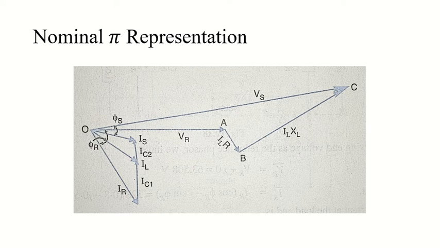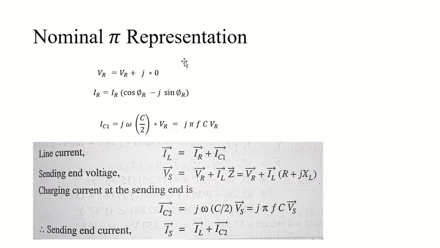Now, as we have already discussed all the derivation of the phasor diagram for the nominal pi representation, it will be easy to understand what the formulas associated with my nominal pi representation will be, right?